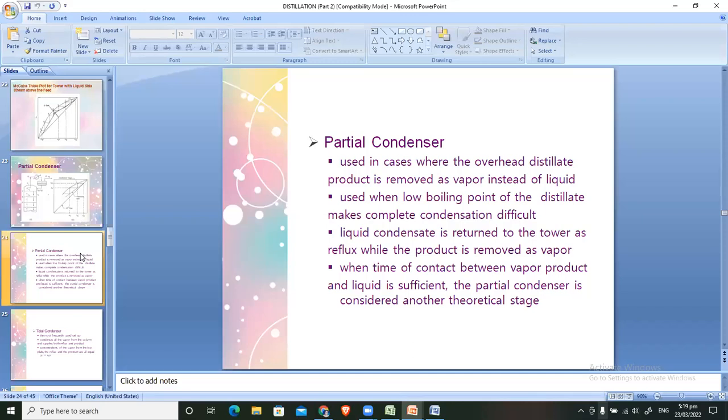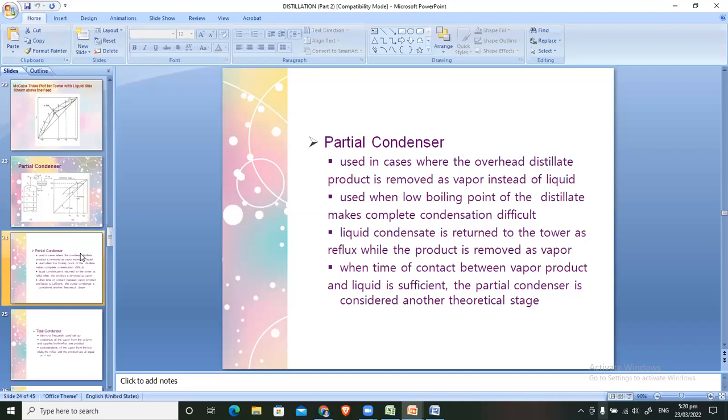It's used in cases where the overhead distillate product is removed as vapor. Take note, instead of liquid. Used when the low boiling point of the distillate makes complete condensation difficult, and liquid condensate is returned to the tower as reflux while the product is removed as vapor.